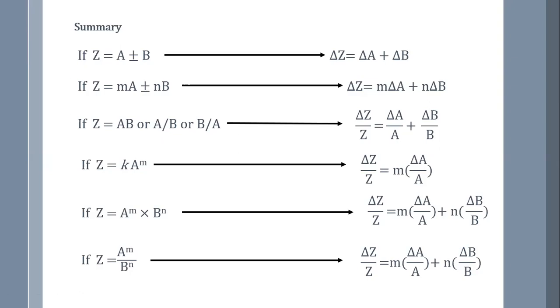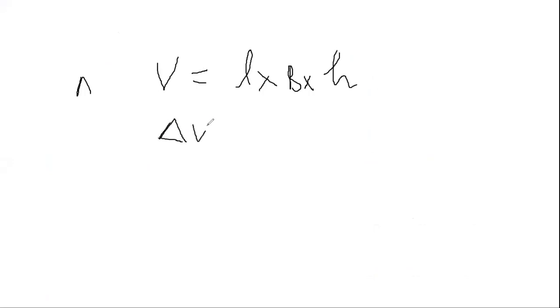Got it? Okay. For example, volume. Volume equals length times breadth times height. What is the uncertainty in the volume? What is the uncertainty formula you write?